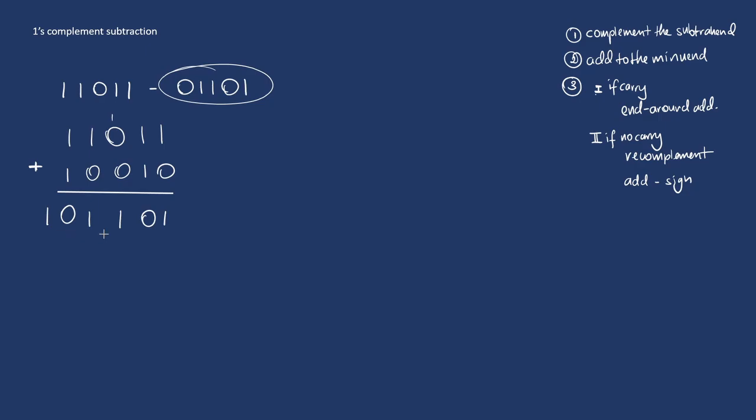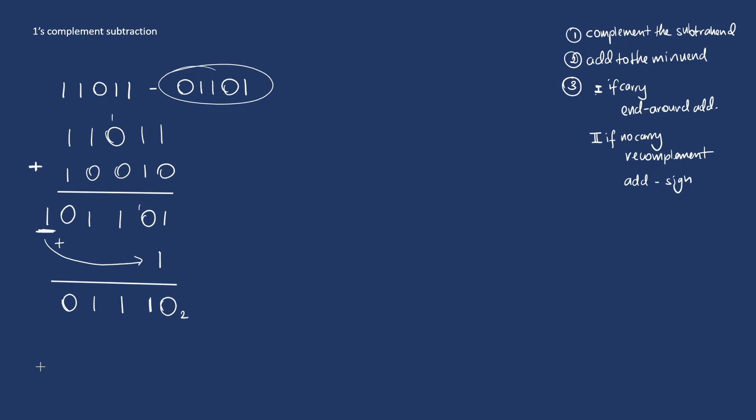Okay, so we can see that this is 6 bits and these are 5 bits. So we have to perform the end around carry and add this to my answer here. Okay, and that's going to be 0, 1, and everything else stays the same, 1, 1, 0 base 2.